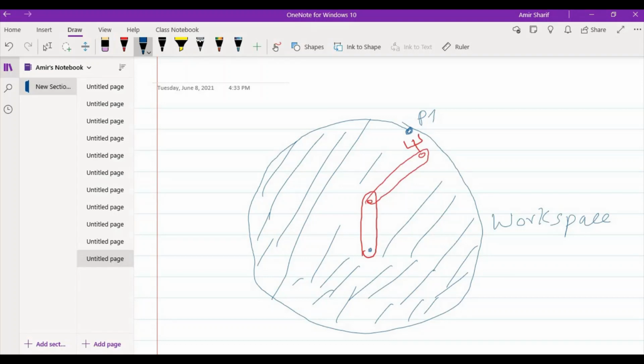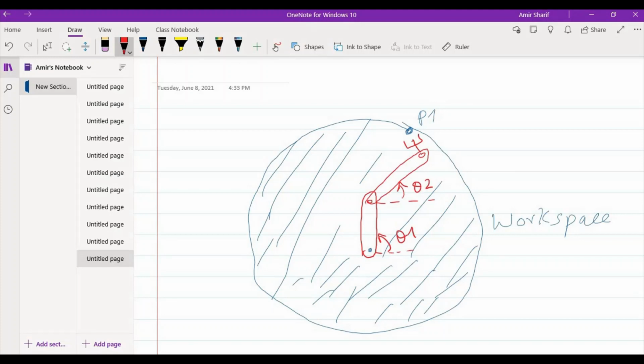Notice that this P1 is achievable by this configuration, when theta 1 and theta 2 have these specific values, then your robot end effector will reach this point P1.